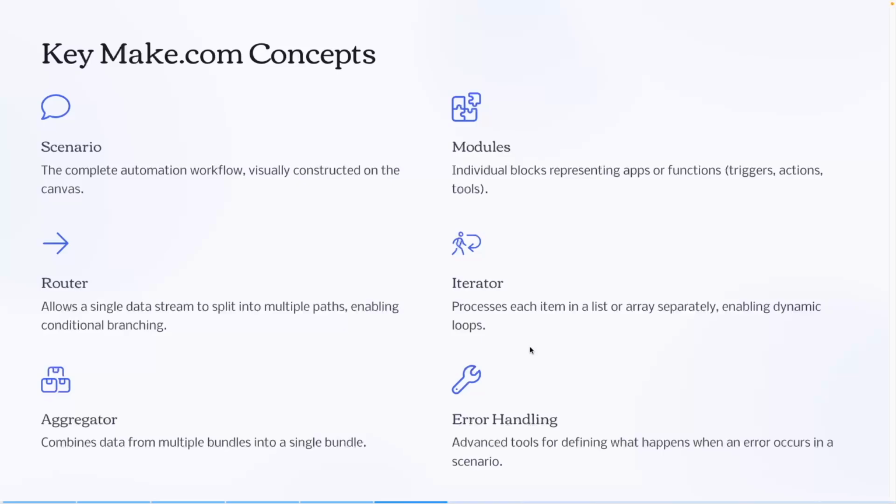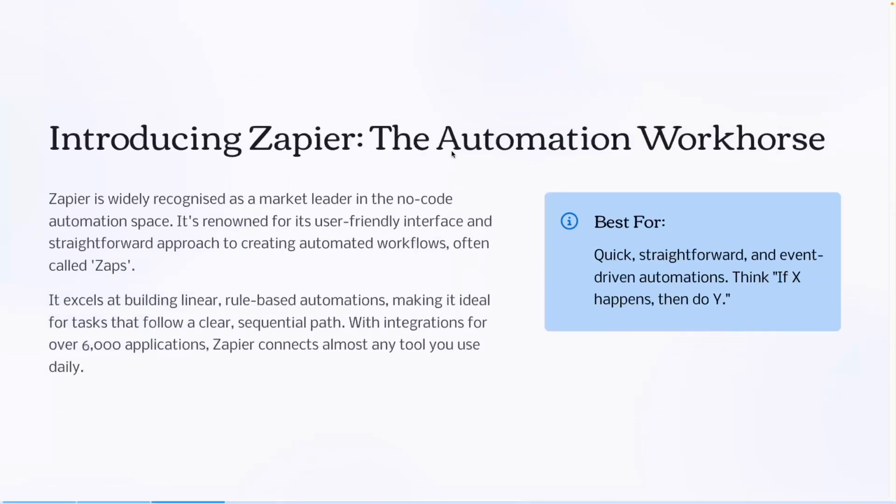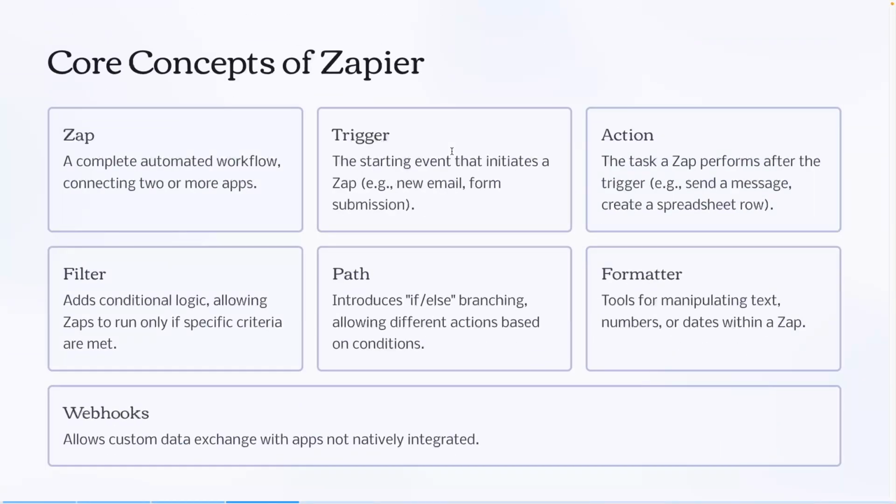All right. So the concepts of Make, right? Scenario, modules, router, iterator, aggregator, error handling. Scenario is your Zap in Zapier, right? If we have to do a comparison, modules is actually each item, including the trigger and action in Zapier.